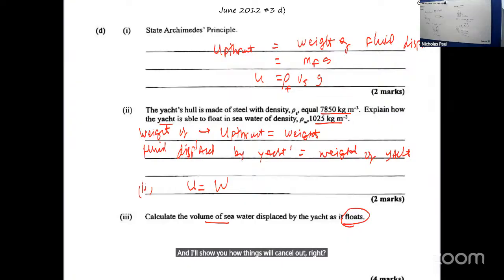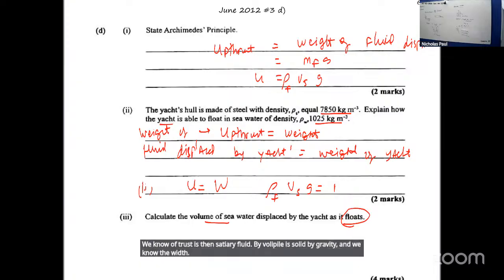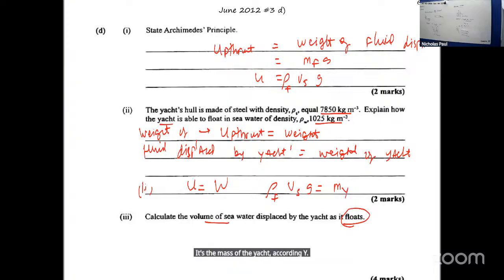Upthrust is density of the fluid by volume of the solid by gravity, and the weight is the mass of the yacht by gravity. So the gravity will cancel. Remember, they want us to get the volume of seawater displaced. Right now, they gave us the density of the steel right here.